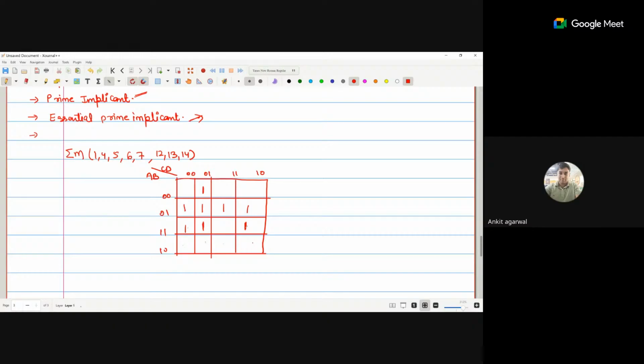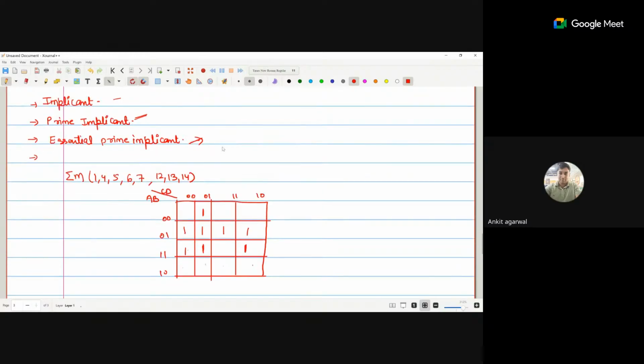So we start with the implicant. What is the meaning of implicant? Implicant is basically the terms that are available in this K-map. How many terms are there? 1, 2, 3, 4, 5, 6, 7, 8.